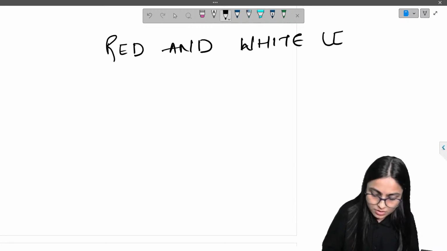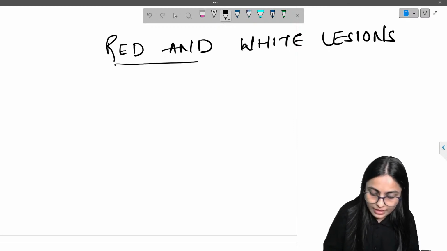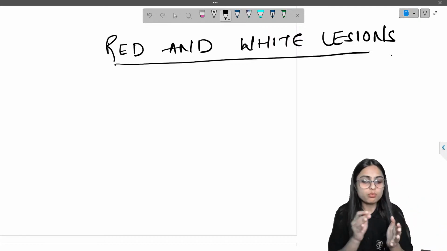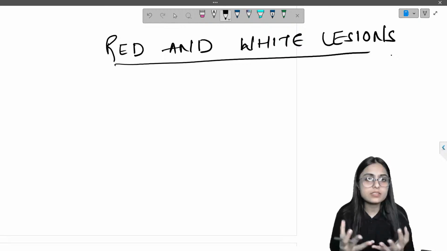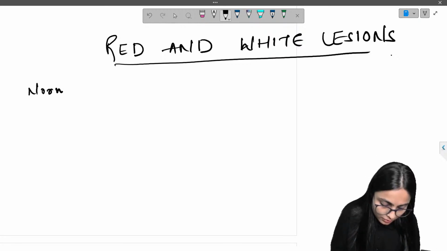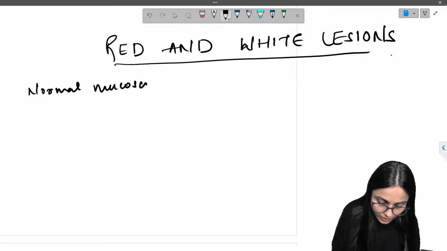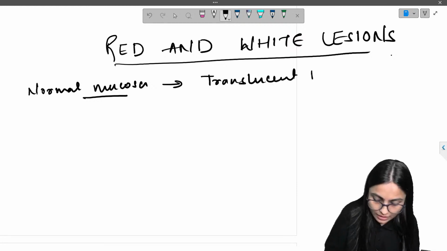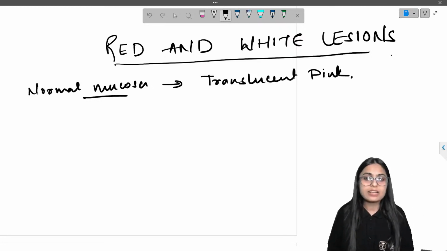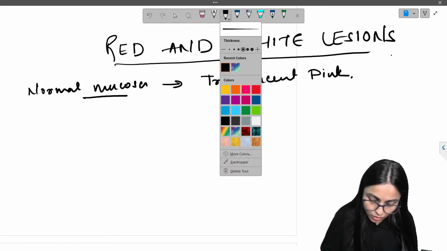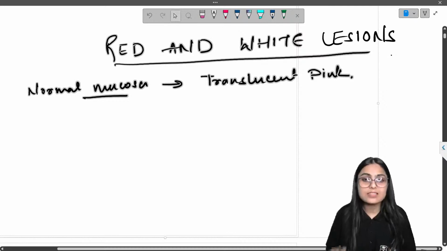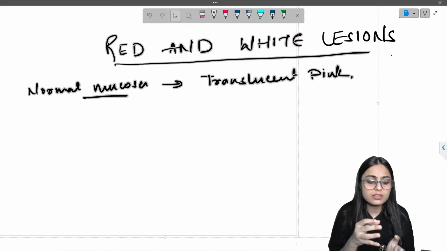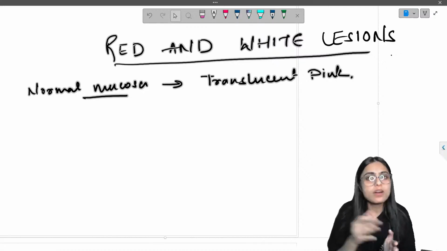So why are we calling these conditions or lesions red and white? What is the color of normal mucosa? What do you think is the color of normal mucosa? Normal oral mucosa is translucent pink in color, right? Now, when red or white lesions appear on the same, what exactly happens? Why does it get converted into white or red color?